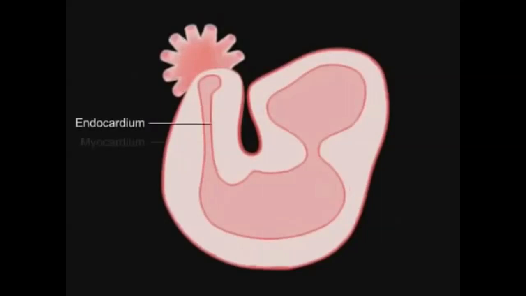This is the loop, and this is the region of atrium, ventricle, and this is the outflow region. And there are several arteries which develop in the forming branchial arches. So these vessels are external to the heart.